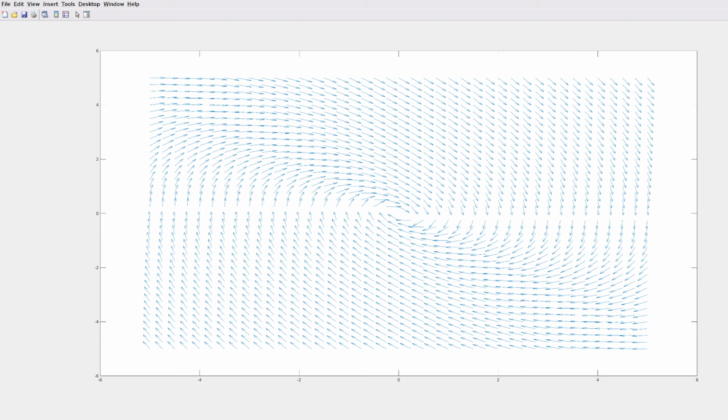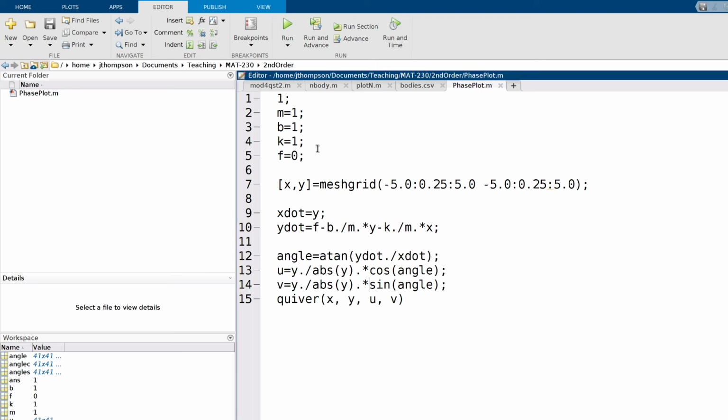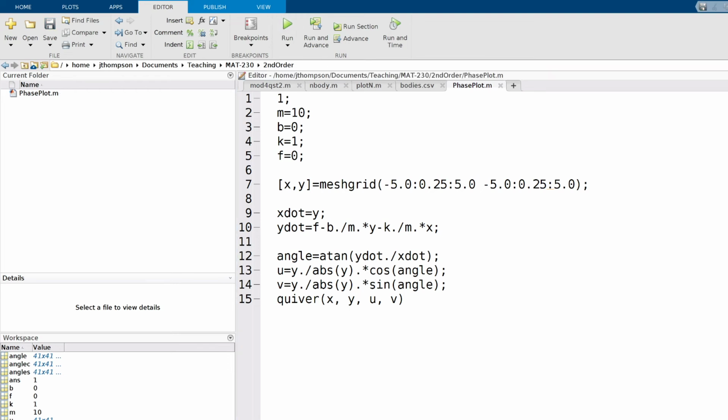So let's look at just a small change here. Let's turn this into our regular spring function. In fact, let's make it a spring function with a large mass. So no damping.